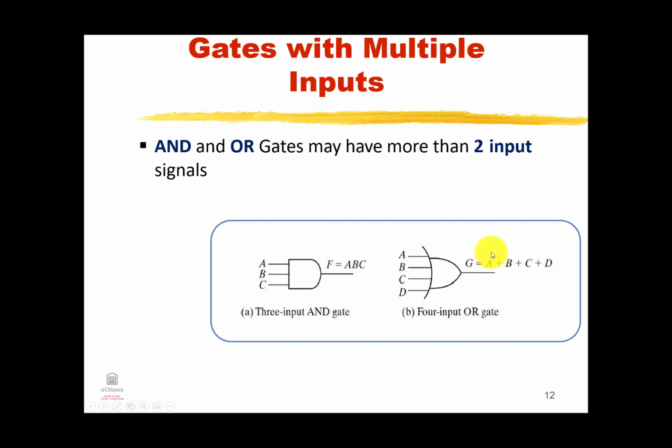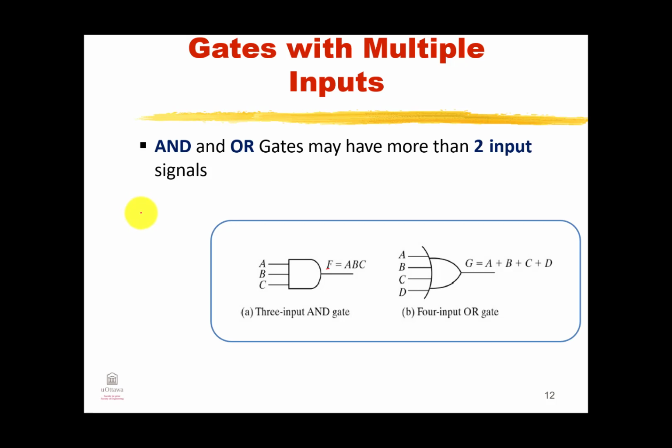Now, the important question here is how to write the truth table of the function f. Basically, guys, a truth table contains all the possibilities of the inputs with the corresponding output. So how many inputs do we have?